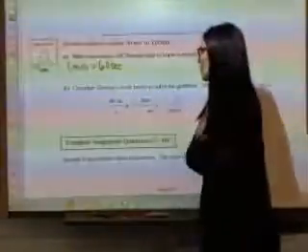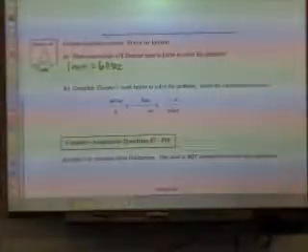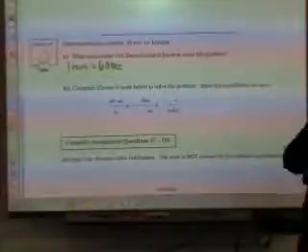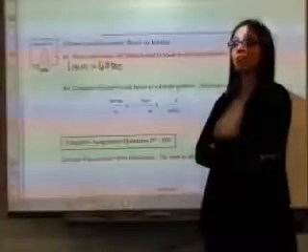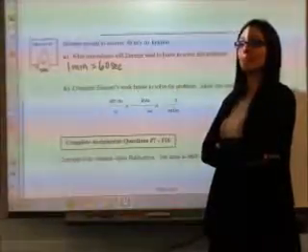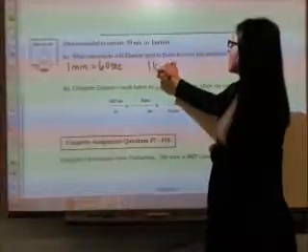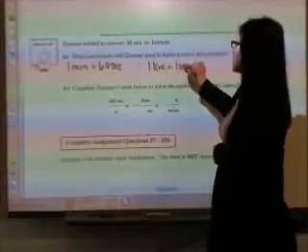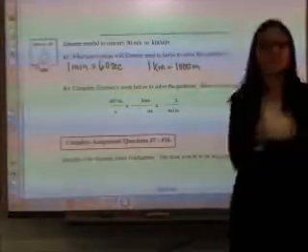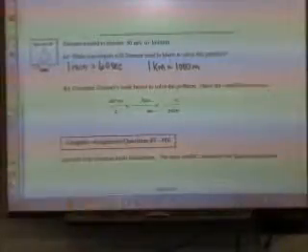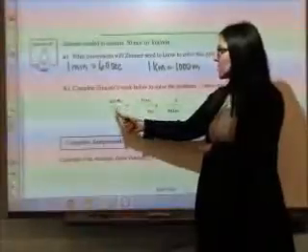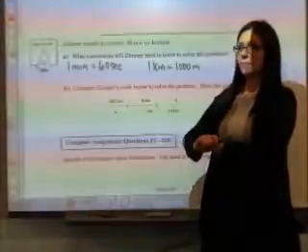What else does he need to know? Just how many meters. So 1 kilometer equals 1,000 meters. So I want to go from meters per second to kilometers per minute.